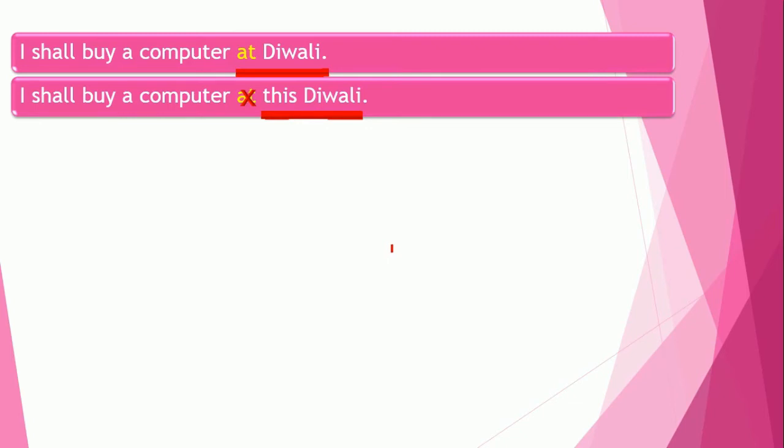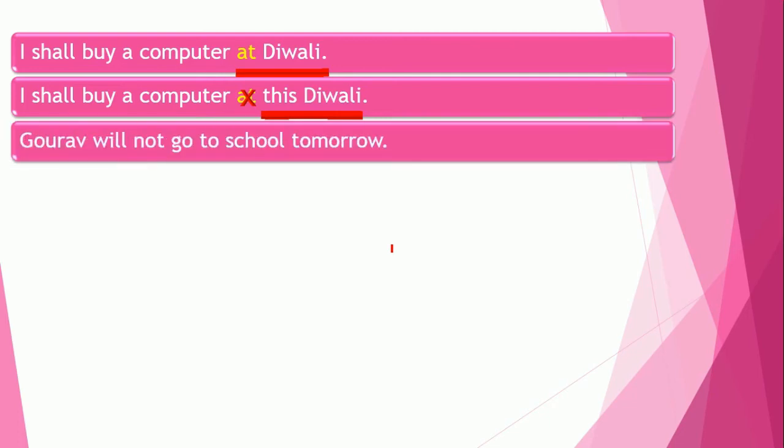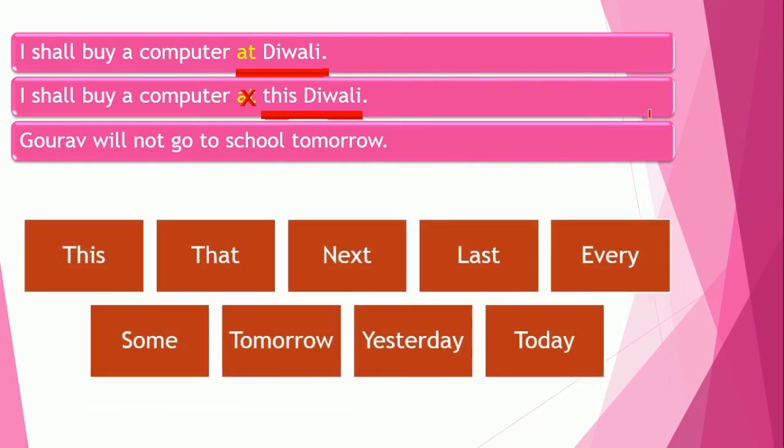So it would be correct if I write I shall buy a computer this Diwali. Similarly, Gaurav will not go to school tomorrow. Here also a preposition is not placed because of having tomorrow. So we don't need to use any type of preposition before words such as this, that, next, last, every, some, tomorrow, yesterday and today.